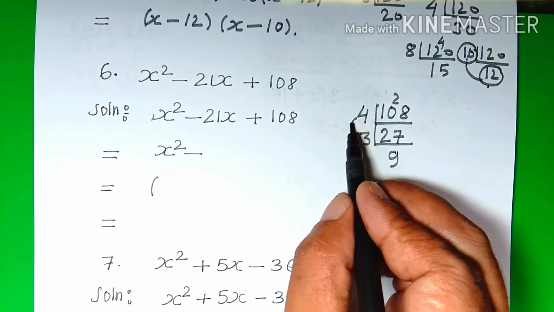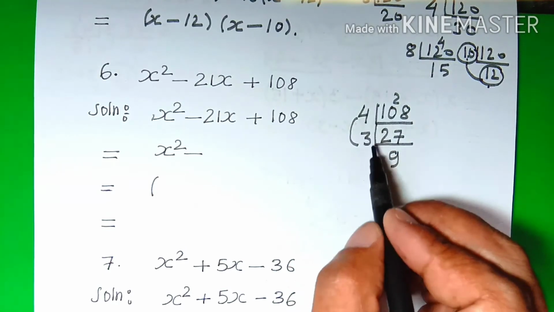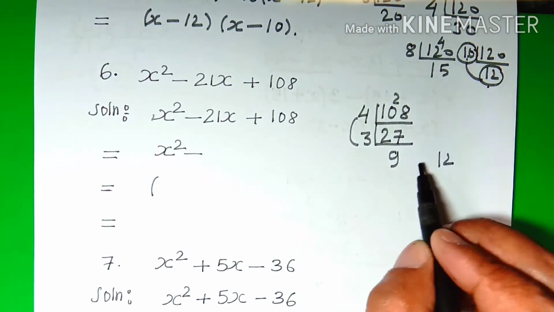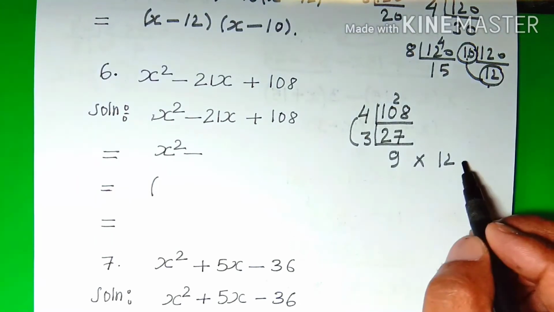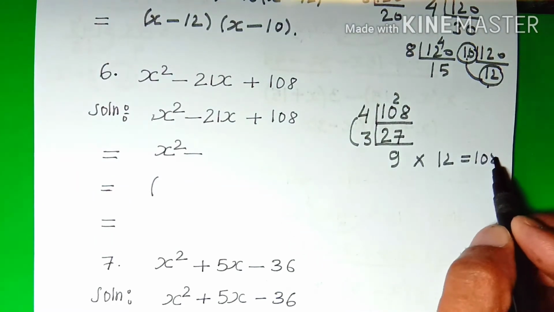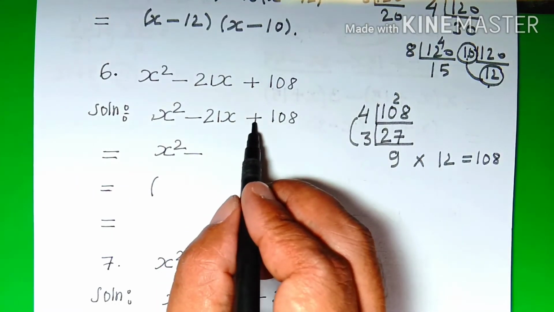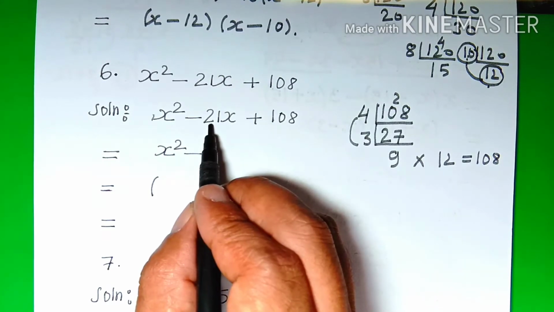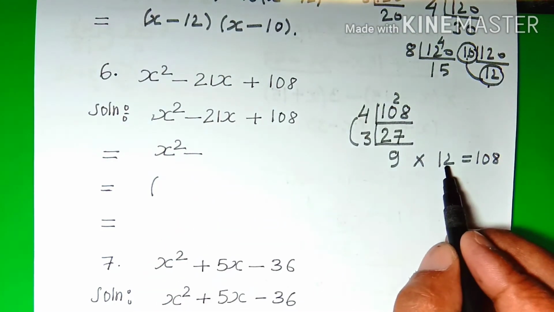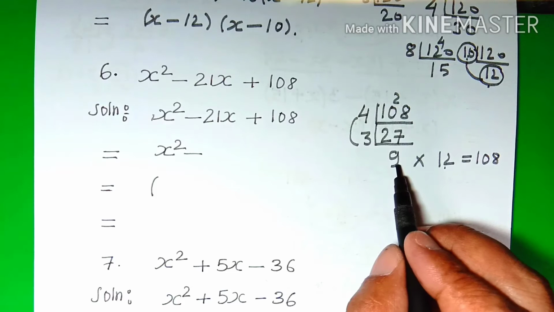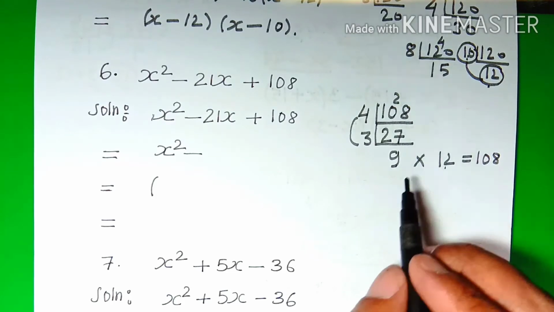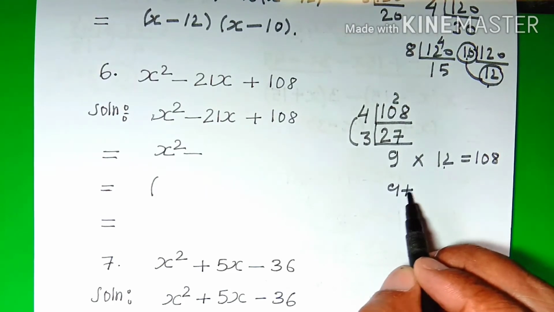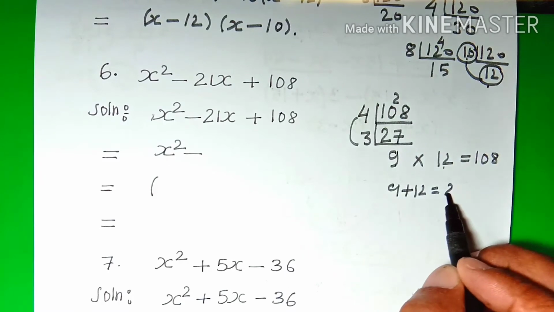So you can group these two together. 4 3s are 12, and 12 into 9 also equals 108. So I need a plus sign to get 21. So 12 plus 9 equals, yes, 21. That is 9 plus 12, which equals 21.